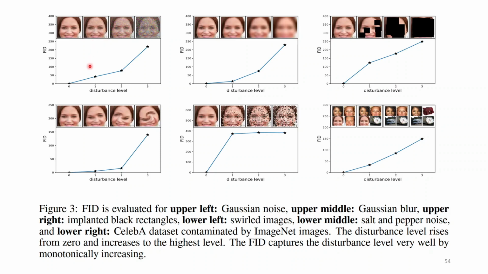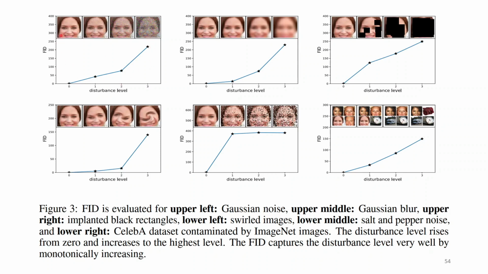So for the low level, middle level, and high level Gaussian noise, we will generate a lot of images, and we compute the FID value between this group and this group, and we will get a FID value. And this group and this group, we will get another FID value. So it looks very intuitive. If we have a very high level of distortion, then the FID value becomes larger.